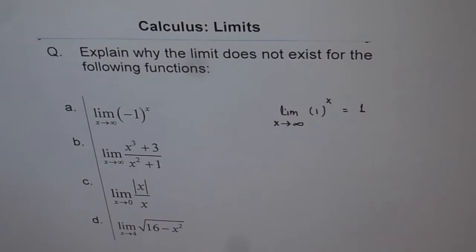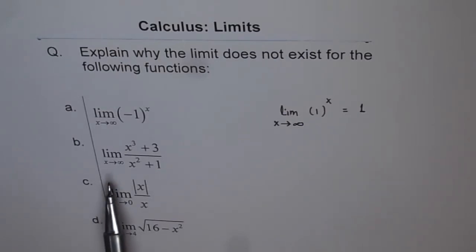So the limit of 1 to the power of x does exist, and it is 1. I am giving you added information here, since I want you to understand what limits are and when they can exist, when they cannot exist, right?